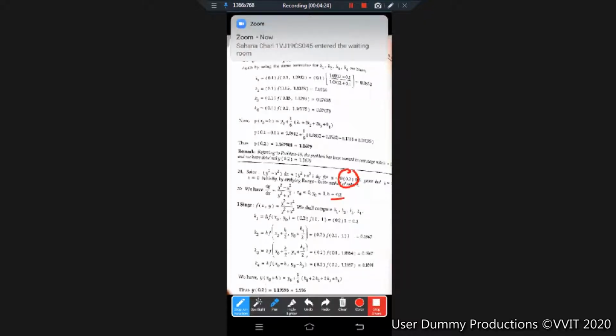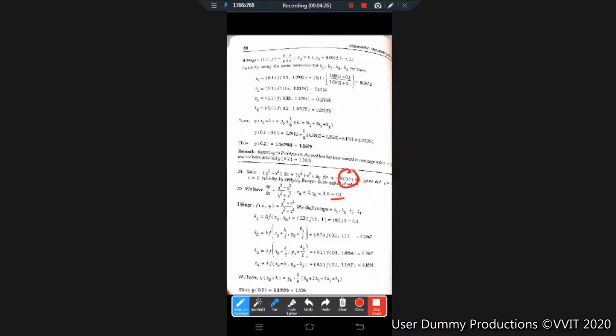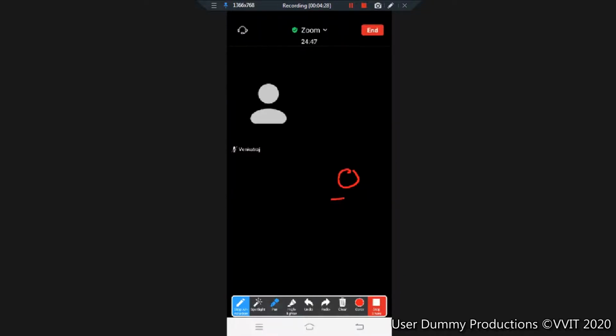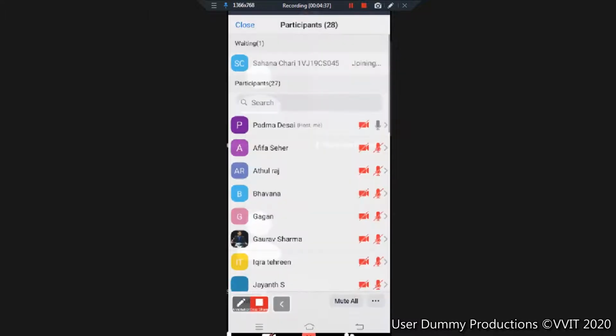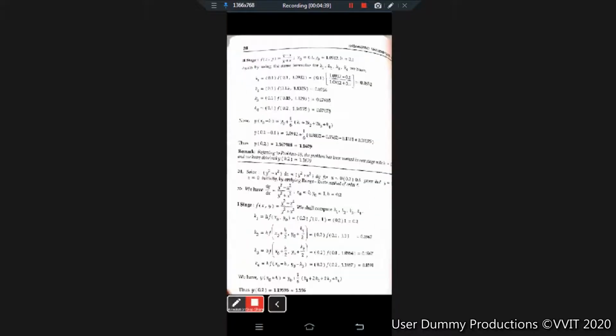So that's how you get back to the h value. Is it clear to everybody? Any doubts?